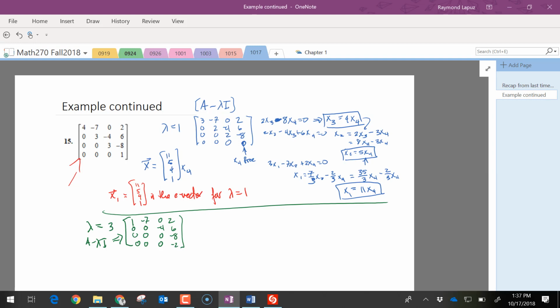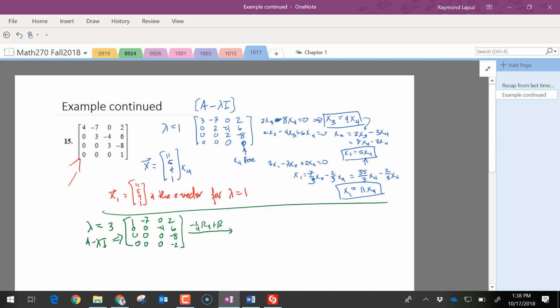So I'll do a couple of moves here just to get this thing to go away. The bottom, I can multiply the third row by 8. Oh yeah, I just multiply it by negative 1/4.